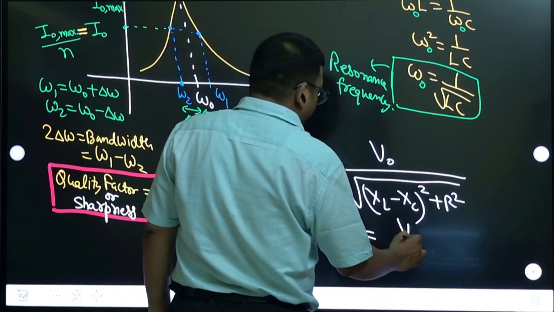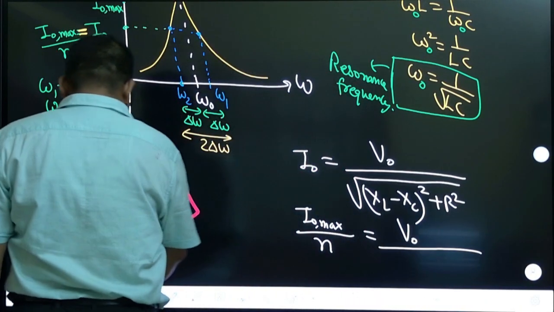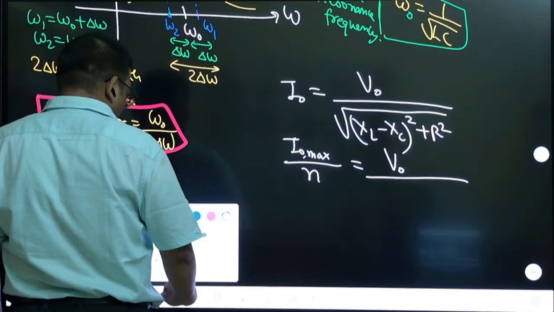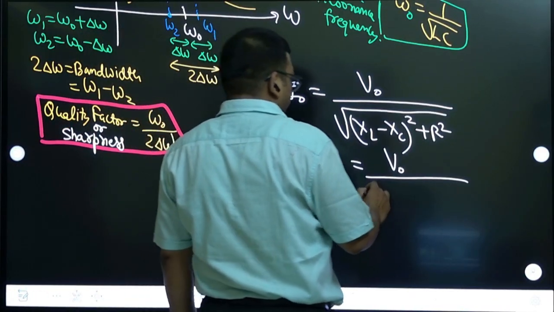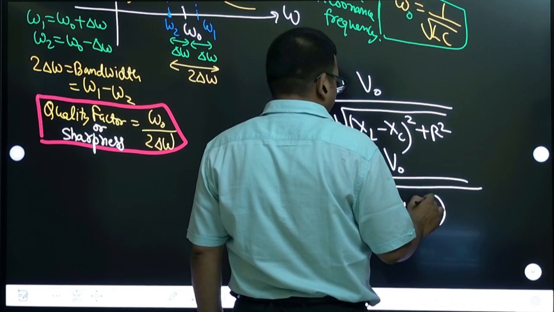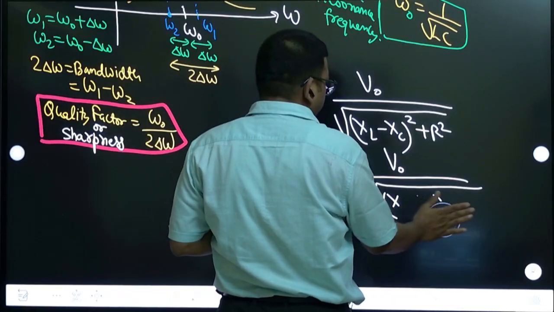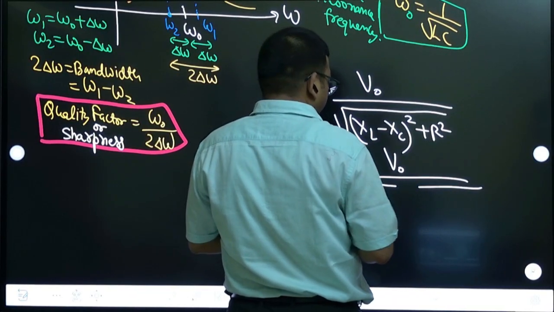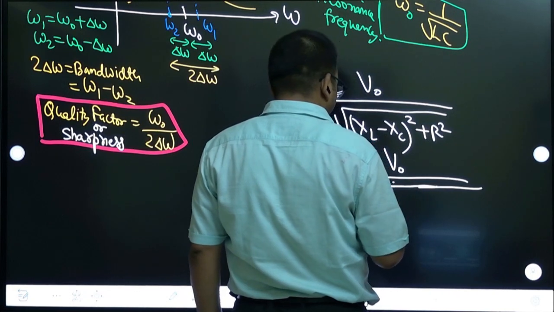So this is V naught by R by n equals V naught by root under XL minus XC whole square plus R square. Now I am going to substitute values.